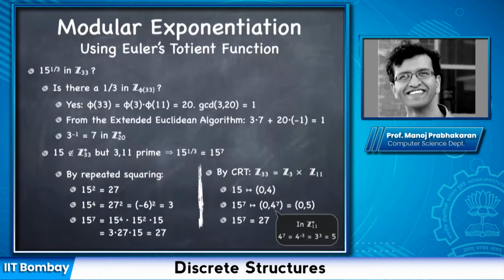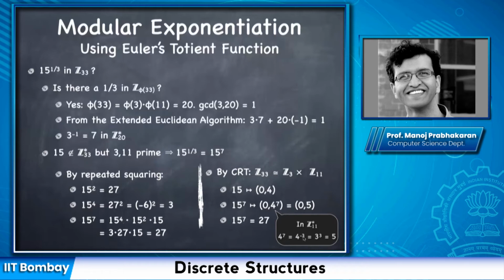And so since 11 is a prime, 4 is in Z11 star, and now I can use Euler's theorem. The exponent I can take in Z phi m. So phi m here, or the modulus here, is 11. So phi 11 is 10. So in Z11 star, the exponents work modulo 10.